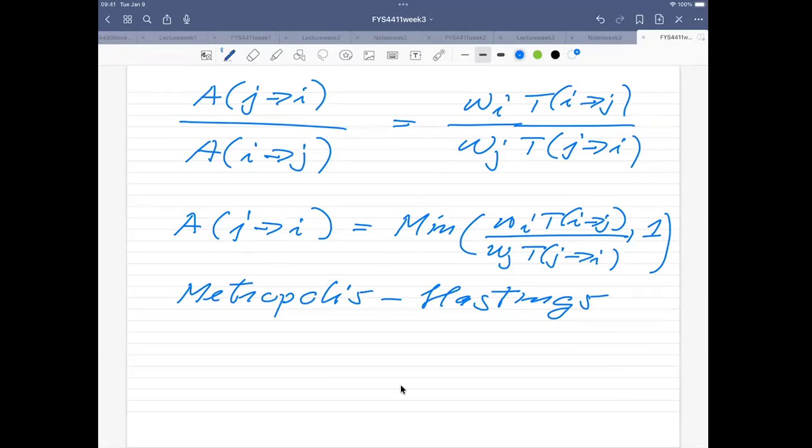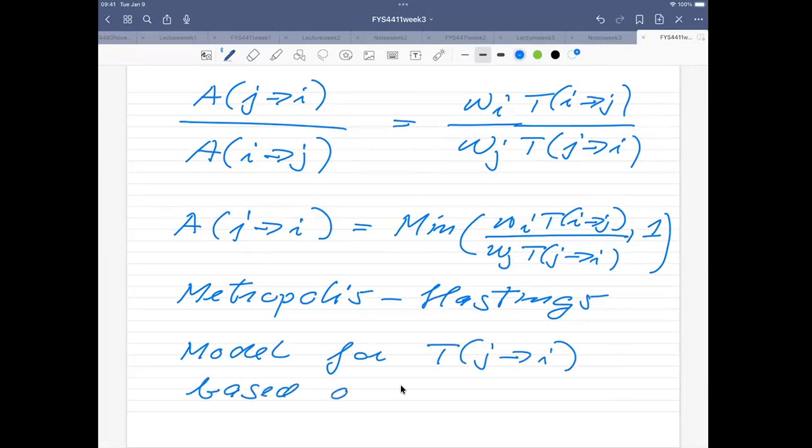So in our case, what we are going to try now is to find a model for this function t of j going to i based on the trial wave function psi of t, and where this is now given by a variable r, where we can put a label i here, and this label i simply represents the possible positions where the particles are in, or the state.